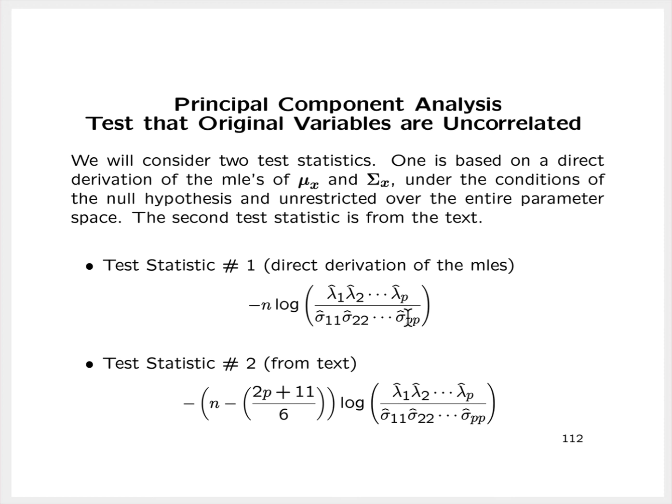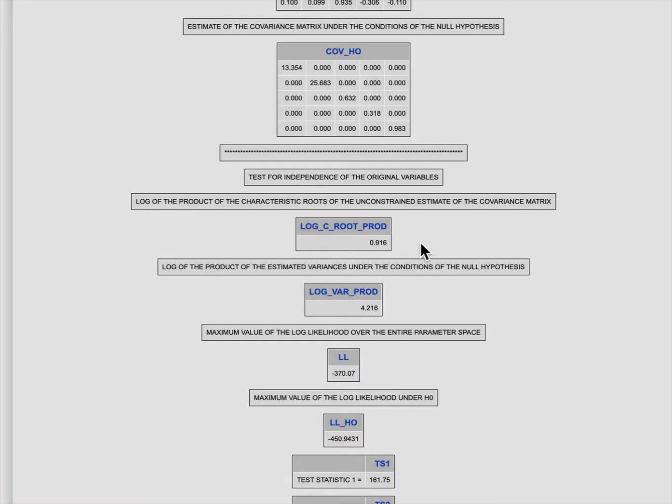But using properties of logarithms, the log of this ratio is equal to the difference between the natural log of the numerator and the natural log of the denominator. In other words, the log of this product minus the log of the product in the denominator. That's how I'm going to calculate this in PROC IML.